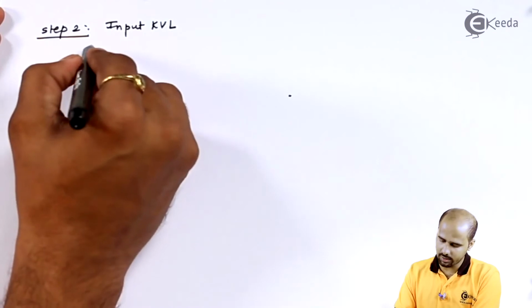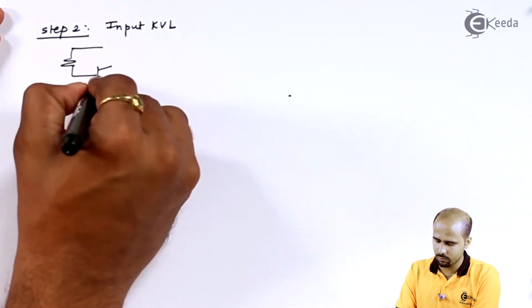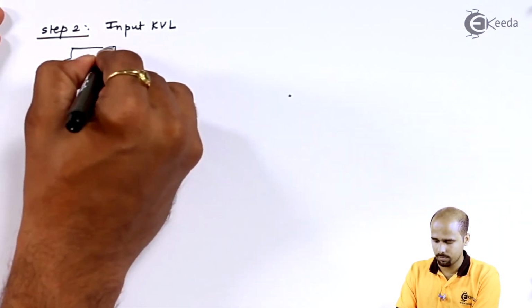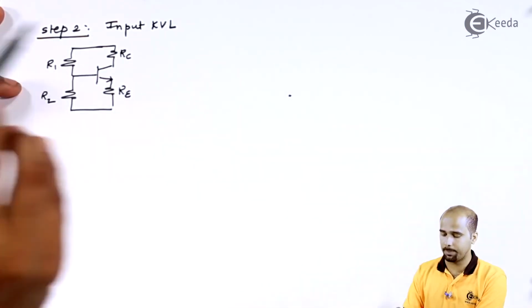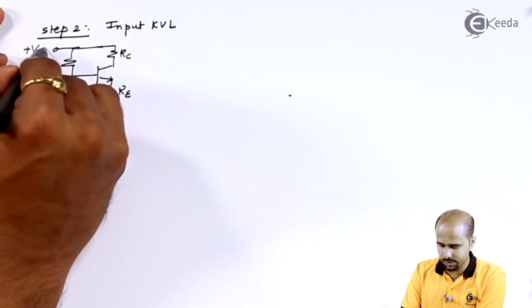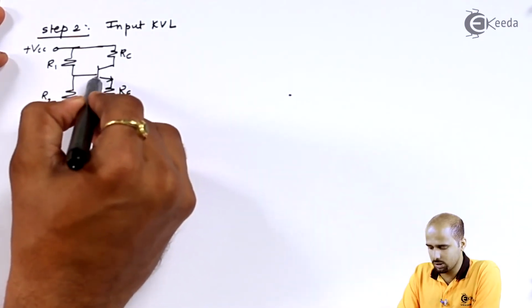Let us draw again that particular circuitry. This is my DC circuit where I have removed all the capacitances. I have applied positive VCC. If you look at this circuitry, it is somewhat complex.